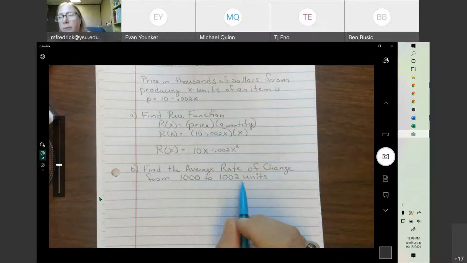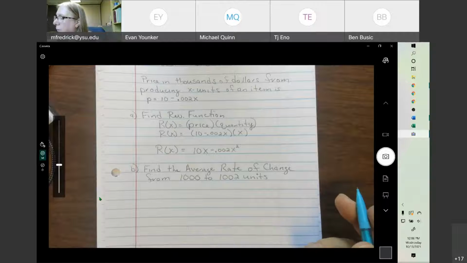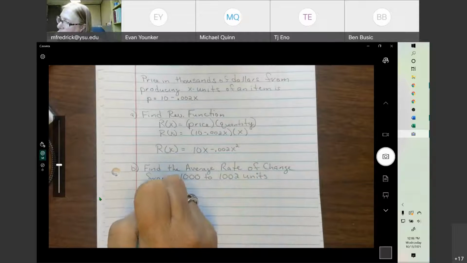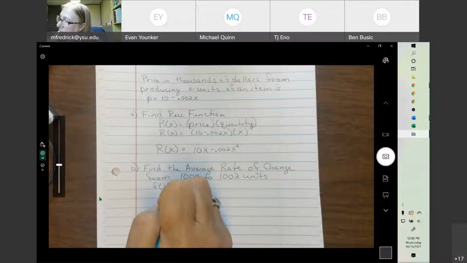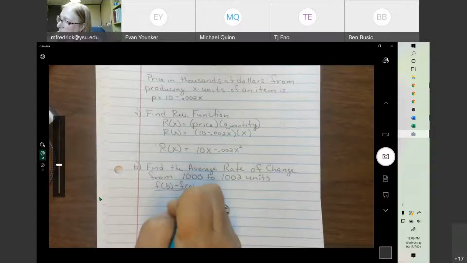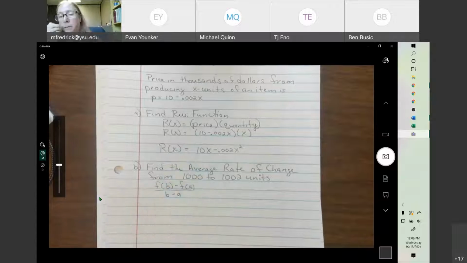Well, when we're going between two values, remember that's the slope. And you could use the formula f of b minus f of a over b minus a.